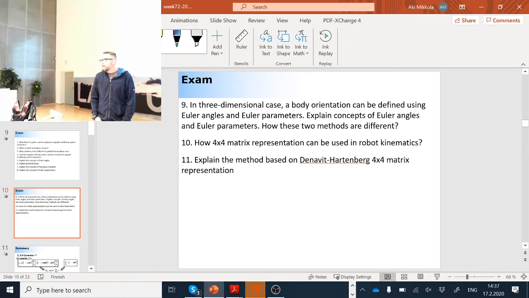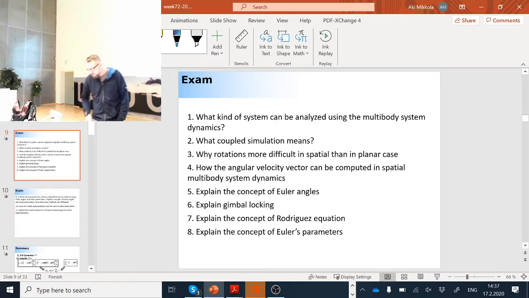What does coupled simulation mean? Oh yeah, we haven't really discussed much about that. So it's question number 2. Coupled simulation means that we are combining different disciplines together. In our world, it means that we are combining multi-body dynamics and, say, modeling of hydraulics.